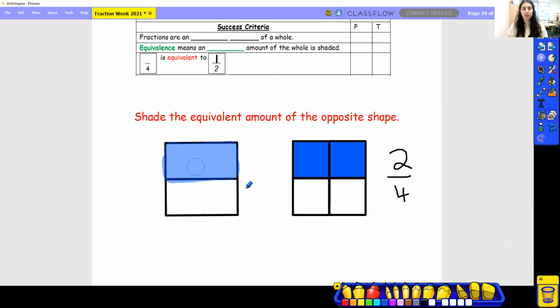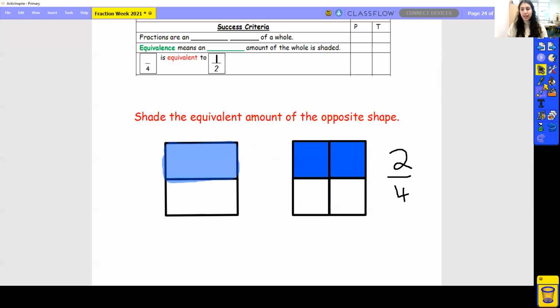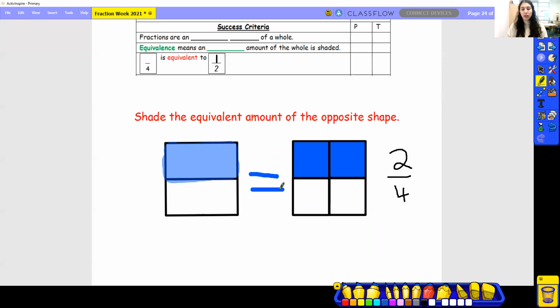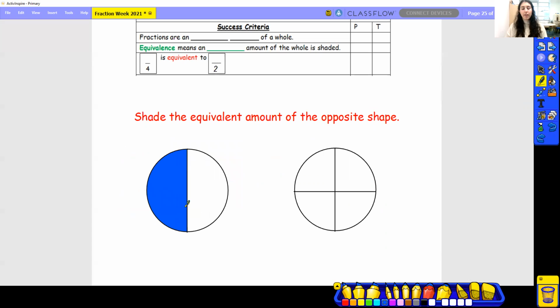Hopefully yours will be much neater than mine. So I've shaded one of them, and you can see that it is an equal amount of the whole shaded. Okay, so here, what fraction of my whole has been shaded? Well, there are 2 parts, so my denominator is 2. How many of these parts are shaded? Just 1.